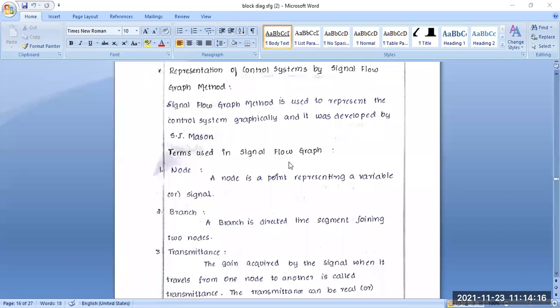First you have to know what a signal flow graph is. The signal flow graph method is used to represent the control system graphically, and it was developed by the scientist S.J. Mason. Mason also discovered a formula we will discuss later, the Mason gain formula.